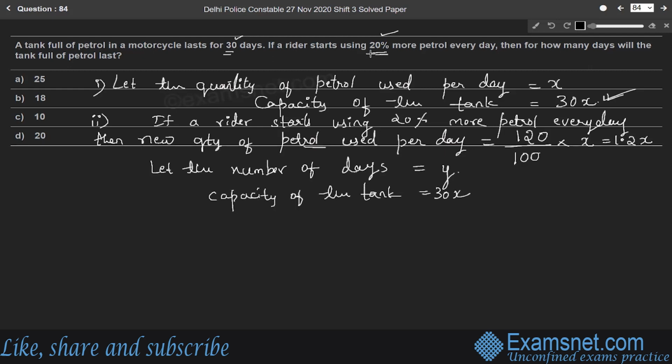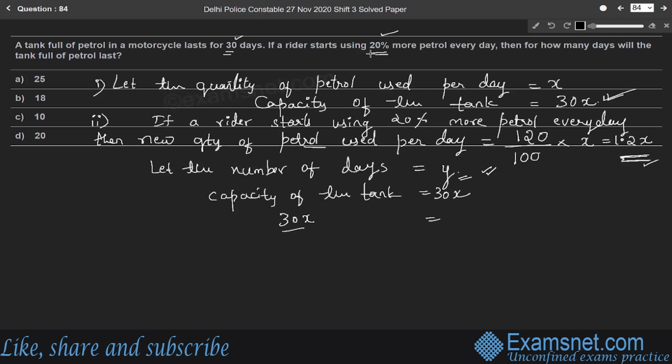So we can equate 30x, the capacity of the tank, to the quantity of petrol used per day into number of days, their product gives the capacity of the tank, right?